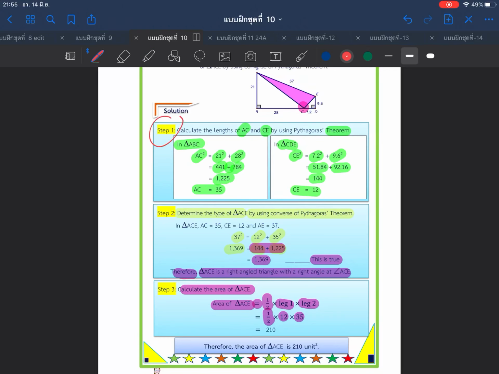From step number 1, AC is 35 and CE is 12. When you calculate, it is 210. Therefore, the area of triangle ACE is 210 square units. See, you need to use step 1, step 2, and step 3.